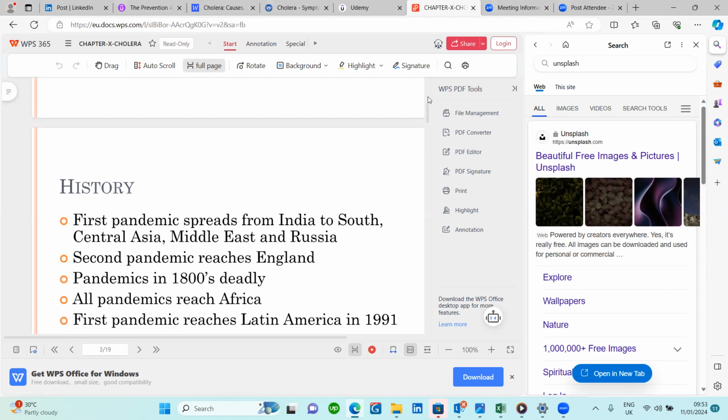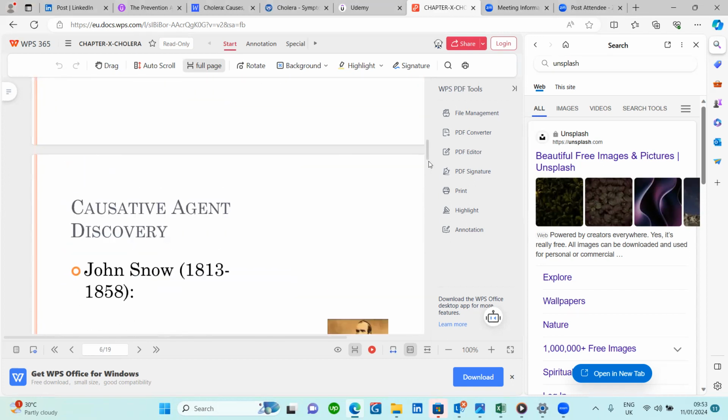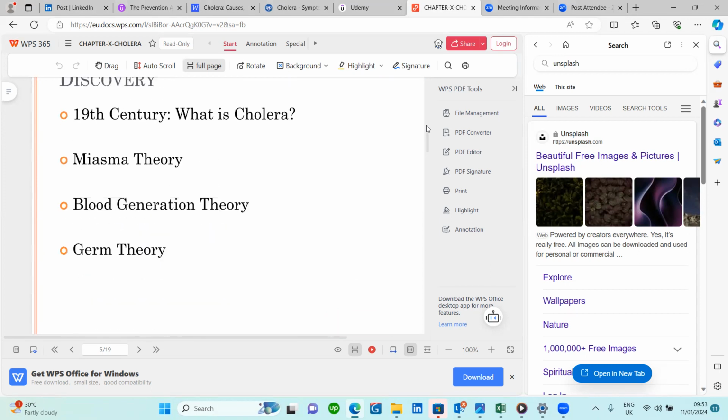Drinking of contaminated water, washing of food or utensils in it are the most common means of transmission. Direct contamination of food. I have the causative agent here.